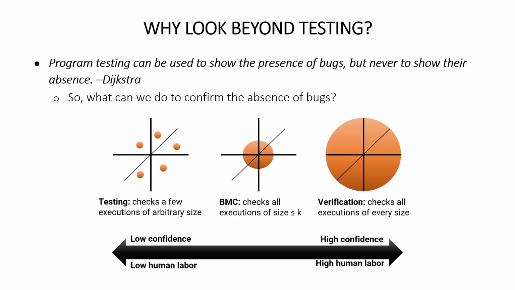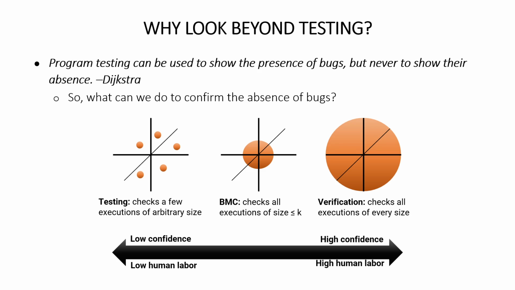Not everywhere, because that's maybe impossible for the tool, or impossible in general, because there are limitations on what computers can do. And then in unbounded verification, the real verification, you can even go for checking all behaviors of the system, no matter how large.